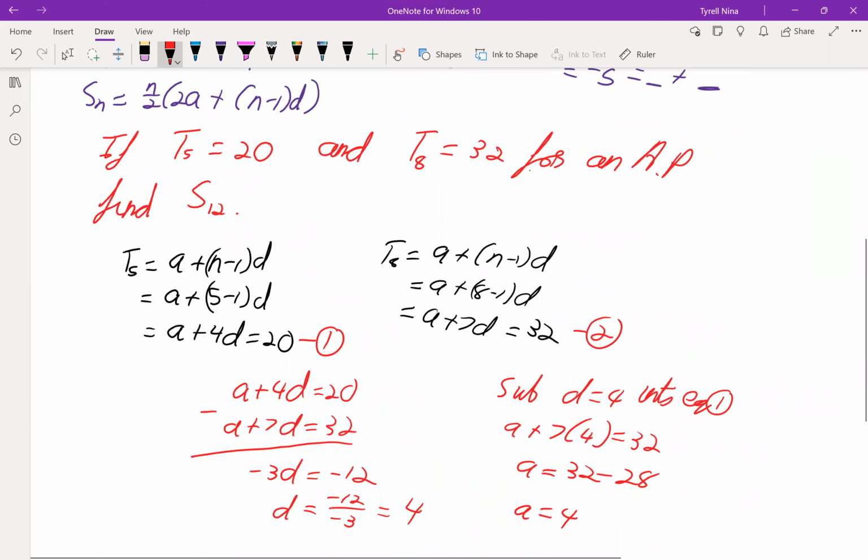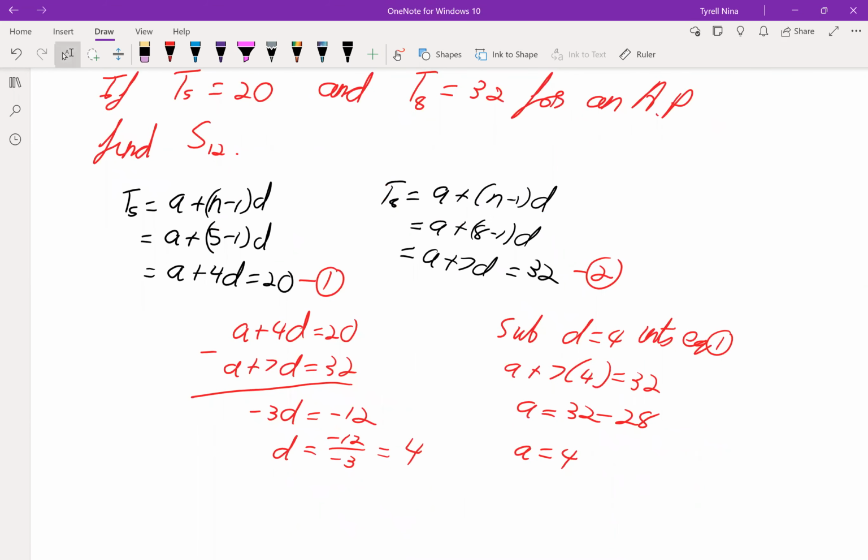Now, again, a lot of people stop here, but you have to look and see what the question is asking for. The question asks you for S12.